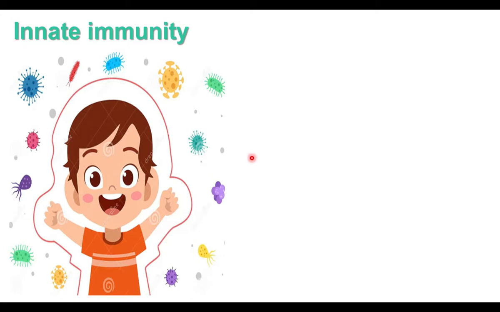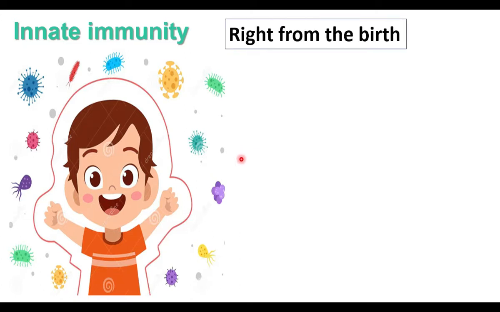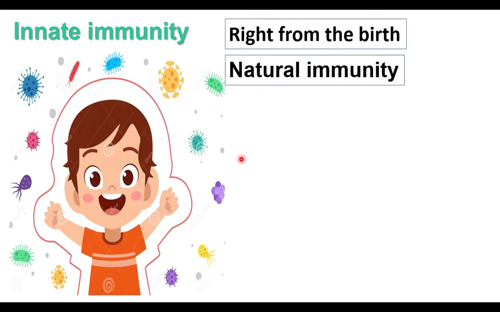The immunity available right from birth is called innate immunity. It is naturally available. It is not developed by vaccination. So it is called natural immunity.